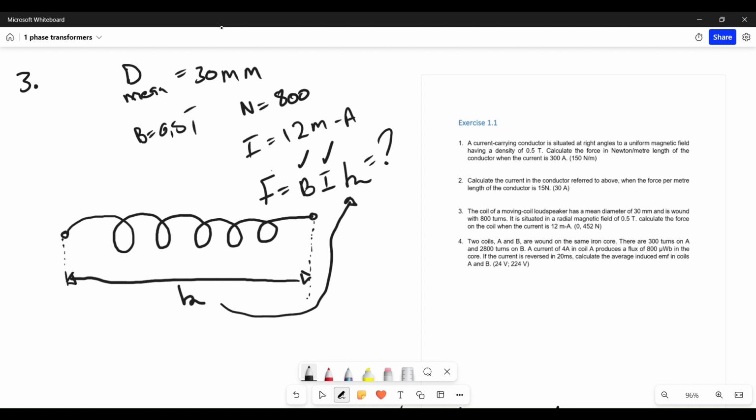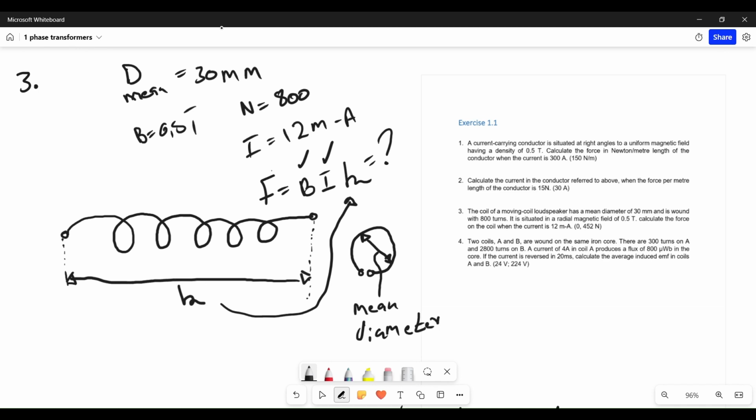Okay, but we know that the diameter inside one turn, let me say this is one turn. So the diameter inside one turn, that diameter inside one turn, it's called mean diameter.